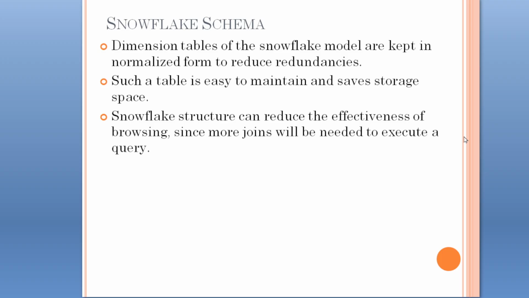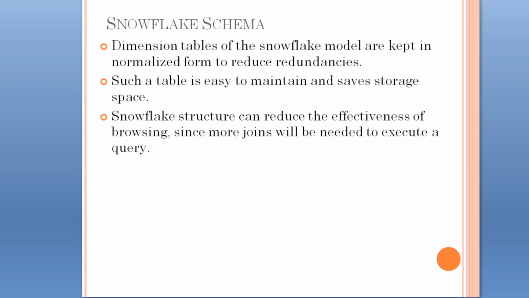Dimension tables of the snowflake model are kept in a normalized form to reduce redundancies. Such a table is easy to maintain and saves storage space. But this space savings is negligible in comparison to the typical magnitude of the fact table.